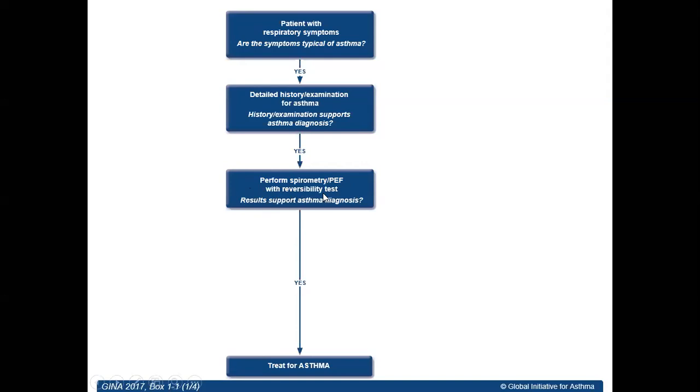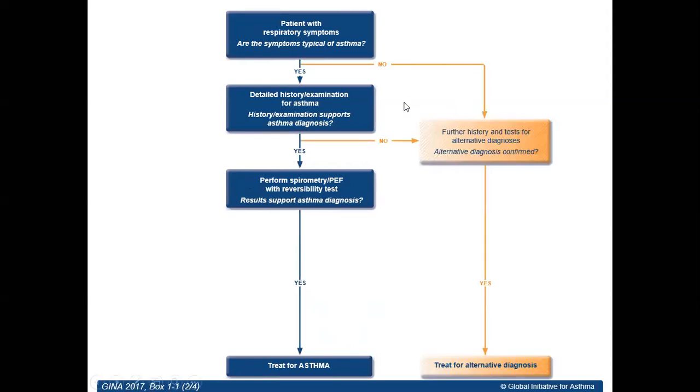You give bronchodilators and see whether the pulmonary function tests are improving. So you have to document decreased pulmonary function tests, an obstructive pattern, and also demonstrate the reversibility. After giving the bronchodilators, it should be reversible. That supports the diagnosis. And finally you treat for asthma and see whether the response is there.